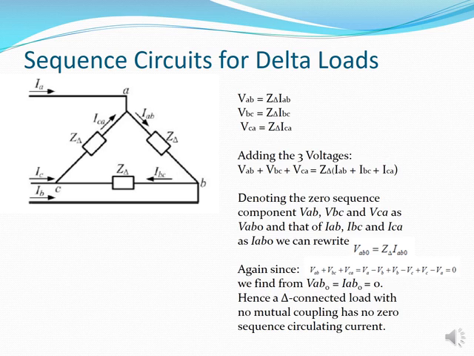We then move off to our delta connected loads, and here we will now have 3 voltages that we introduce, VAB, VBC, and VCA, which are across my delta loads in the delta circuit. If I'm adding the 3 voltages together, I will get my Z delta into IAB, IBC, and ICA.